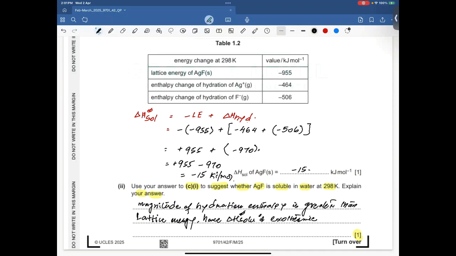So the compound is soluble. So AgF is soluble.